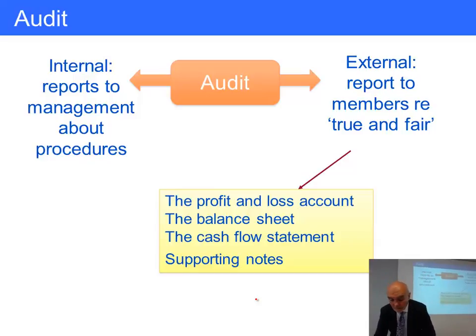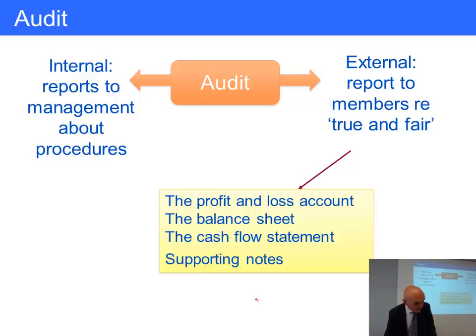And the financial statements are the profit and loss account, or the statement of profit or loss, as it would now be called; the balance sheet, or as it would now be called, the statement of financial position, rather than balance sheet; a cash flow statement, showing how the cash moved over the historical period; supporting notes, which get longer and longer, explaining lots of matters in here, making lots of disclosures that are required to be made, maybe by statute or accounting standards.